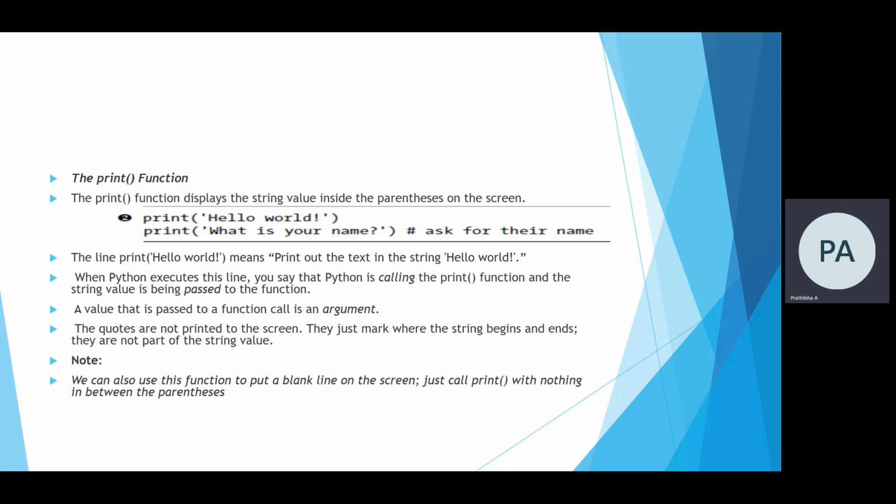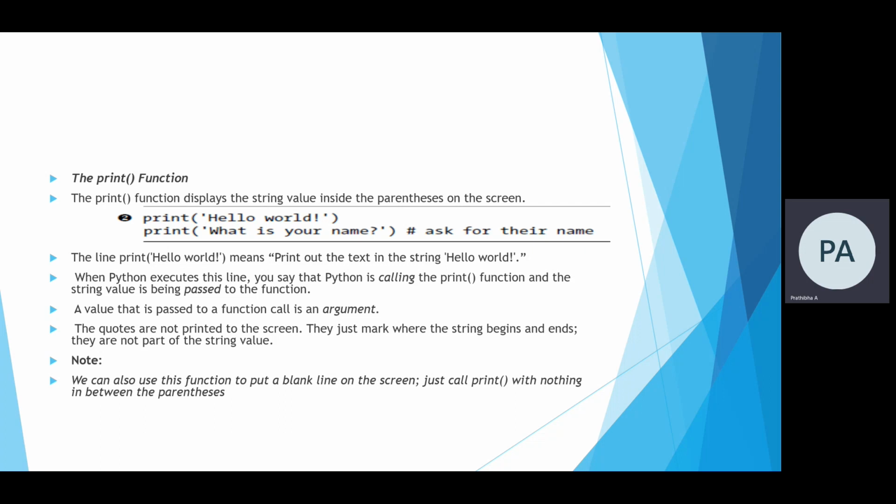The next line has the print function. The print function displays the string value inside the parentheses on the screen. Whatever you have written inside the parentheses, between your quotes, will be displayed as it is on your screen as output.